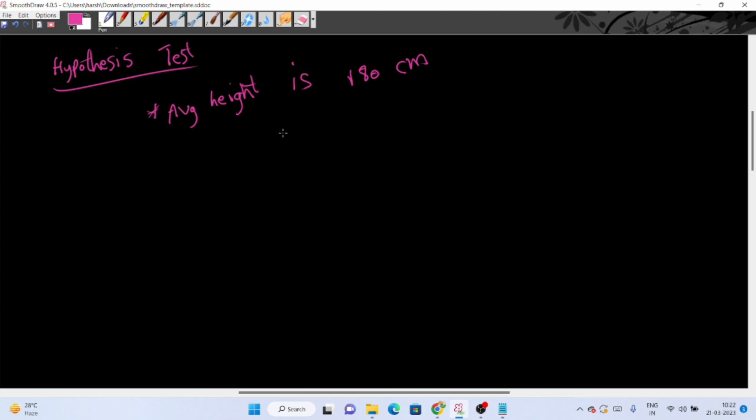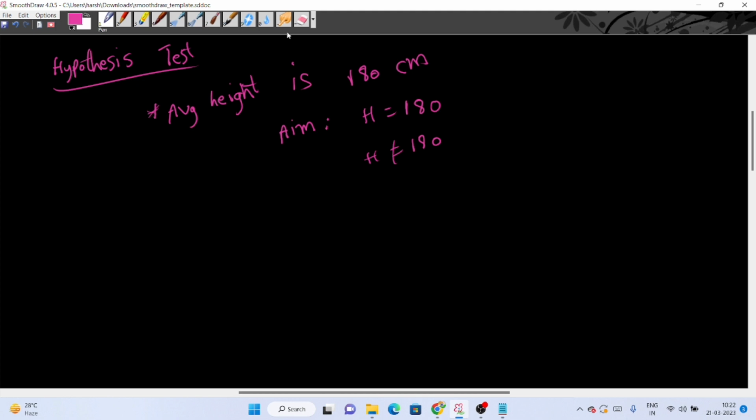That means his aim is height is equal to 180 centimeters. And he can be wrong if it is not 180 centimeters. So this is the best example of why we use hypothesis testing.